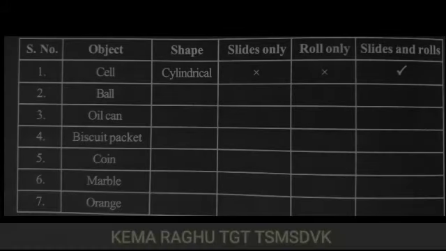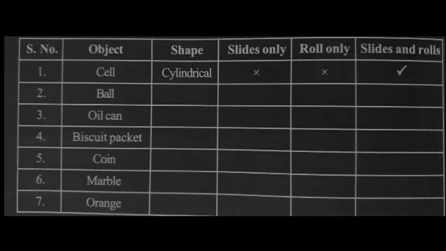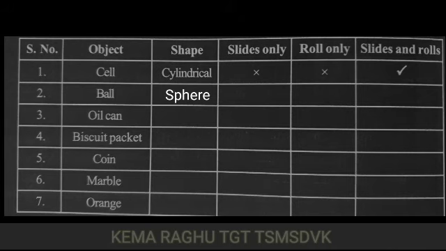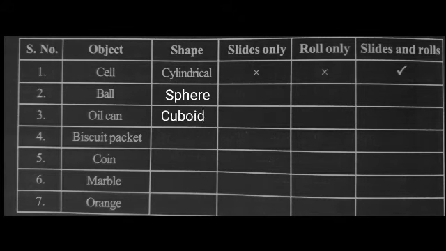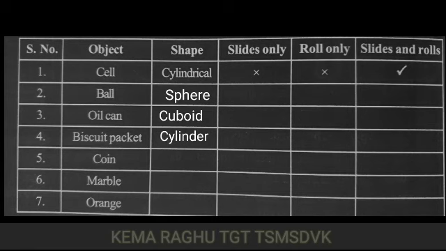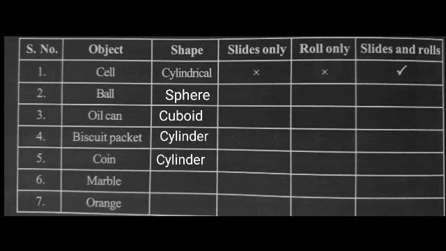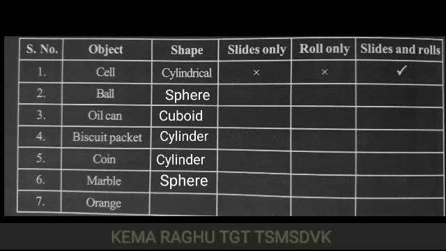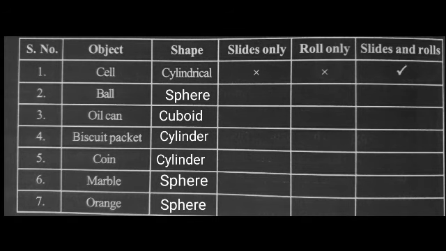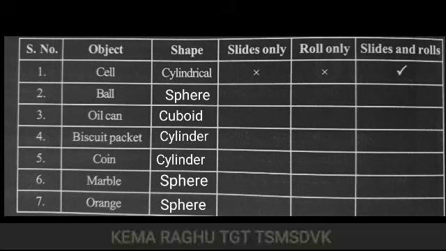Now let's identify the objects here. The cell, which is a cylinder, since it has flat and curved surfaces, slides as well as rolls. A ball is spherical in shape. An oil can, which is a cuboid, has only flat faces. A biscuit packet is a cylinder with a flat face as well as a curved face.